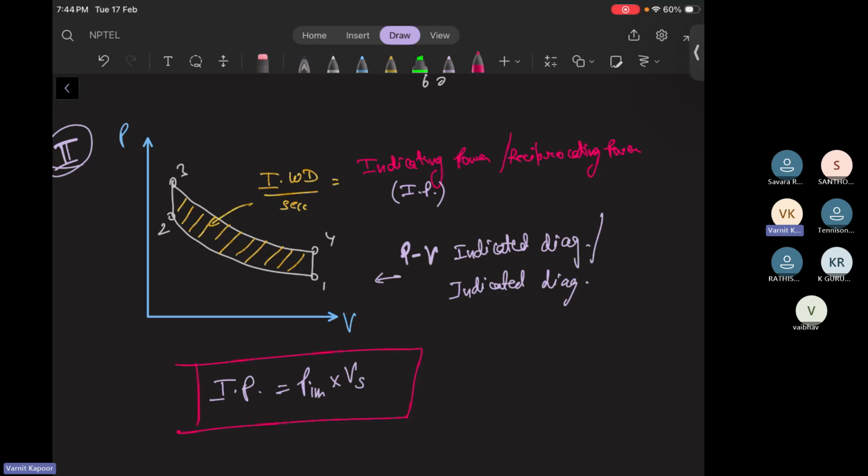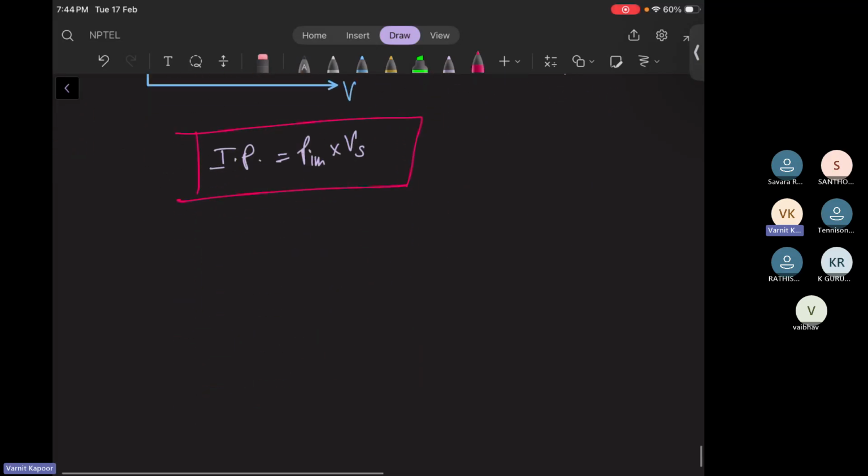Next is brake power. From the reciprocating motion, we are getting a rotary motion. Let me draw a piston cylinder arrangement here. This is TDC, this is BDC, this is your piston.